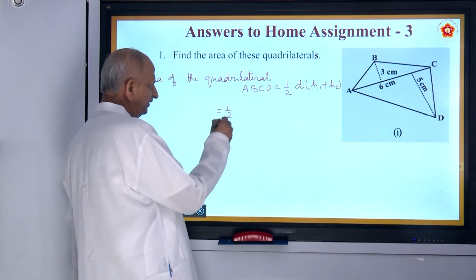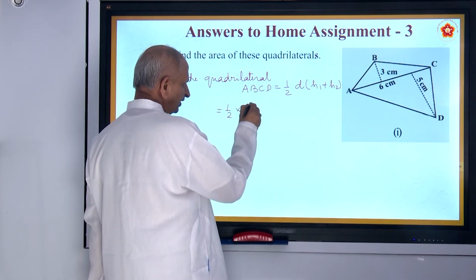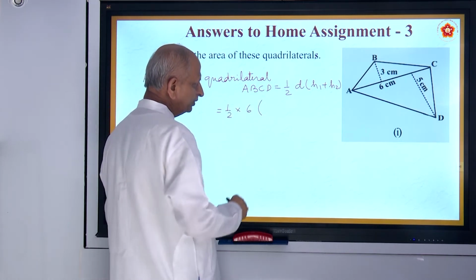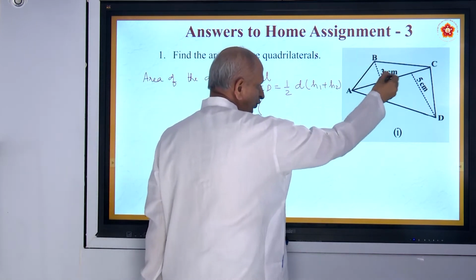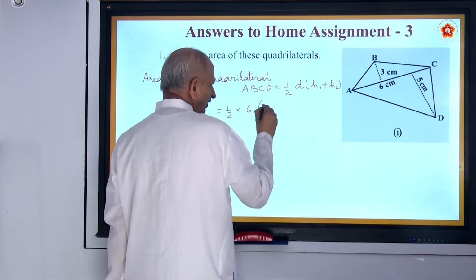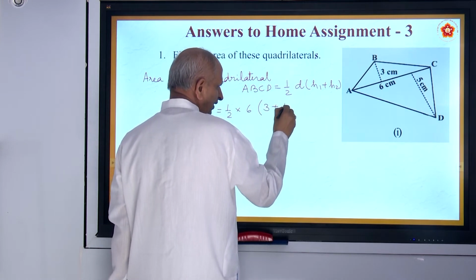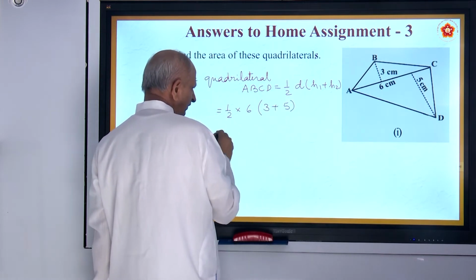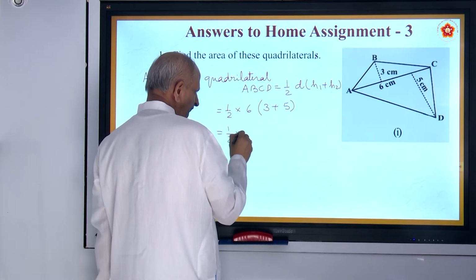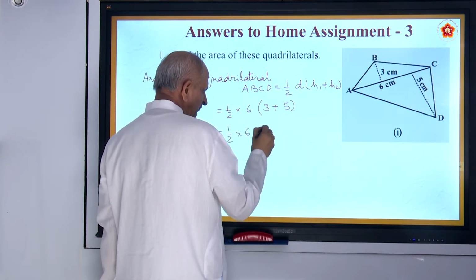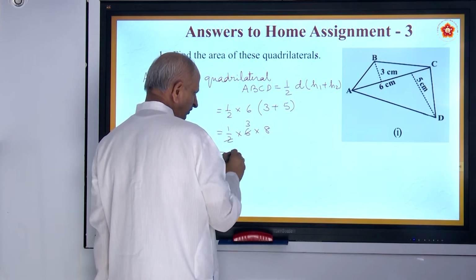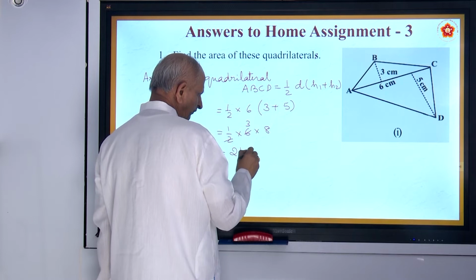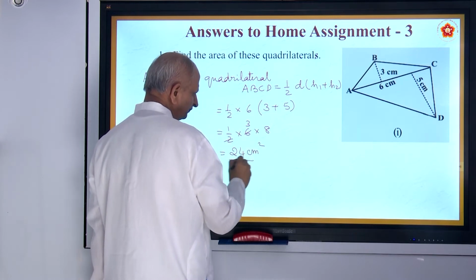So, AC, the diagonal, is 6 centimeters, into (h1 plus h2). What are h1, h2? They are called altitudes or heights. h1 is 3 and the altitude is 5, so 3 plus 5. Half of 6 into 8: 2 threes are 6, 3 eights are 24. 24 centimeter square.